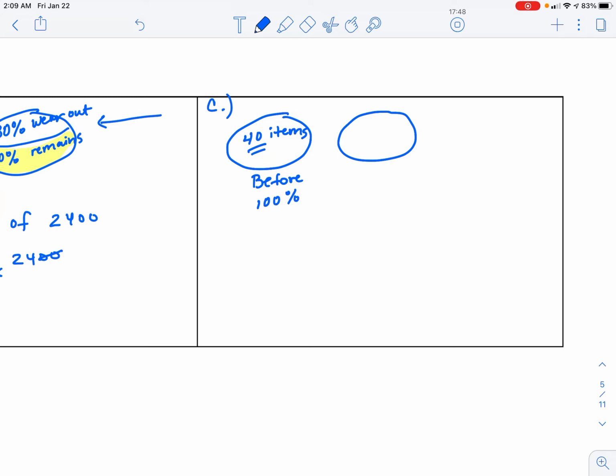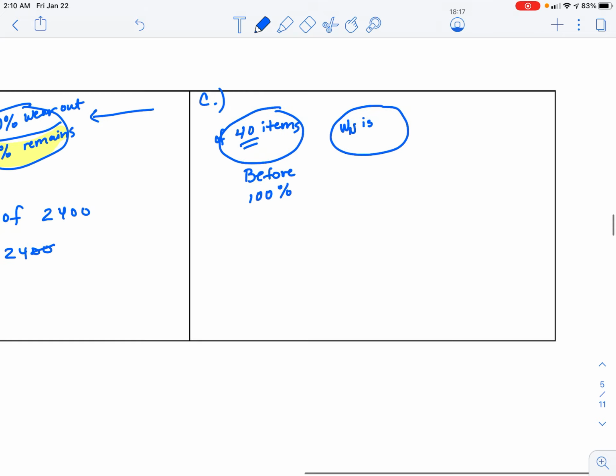All right, so what we're looking for is, let me see how to put this in the circle here. I guess we're looking for what number is, we want to put over here. What number is, okay, so remember it's 150 above the 100%.